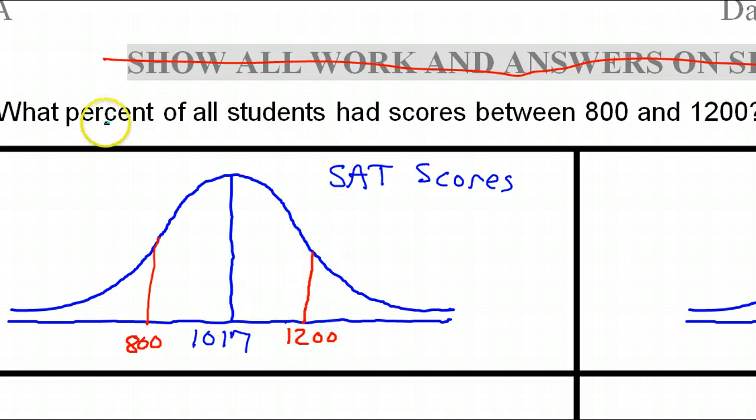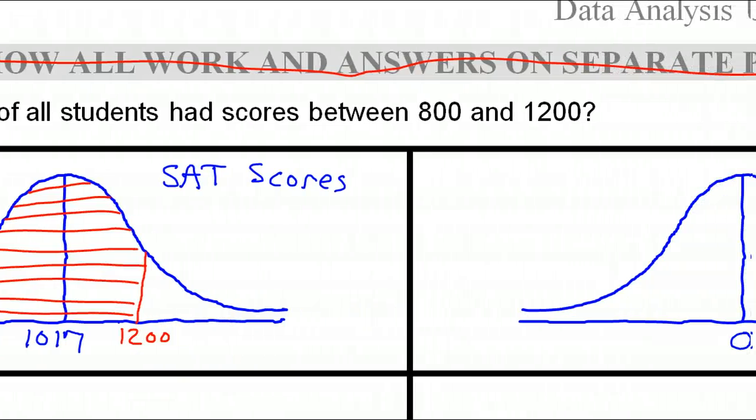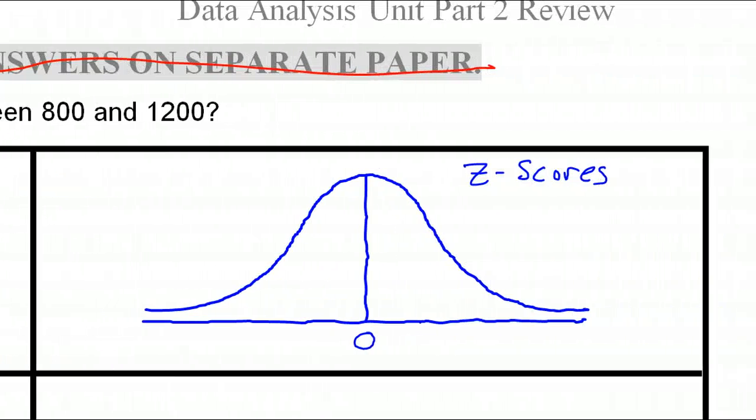If we want to know what percent of all students had scores between these values, then we're talking about this area under the curve between 800 and 1200. So let's go ahead and just shade that in. So that's the area that we are speaking of. Let's go ahead and define a similar area on the z-score chart.